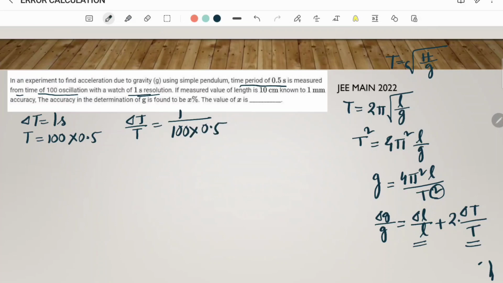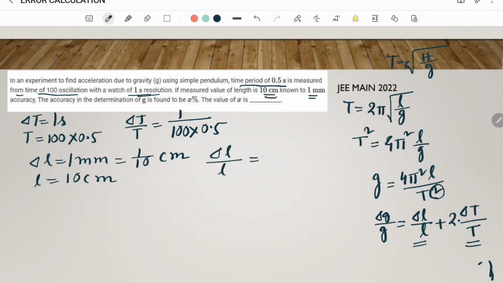Next, let us look for delta L. If measured value of length is 10 centimeter known to 1 millimeter accuracy, that means our delta L is 1 millimeter, which is 1/10 of a centimeter, and our L is 10 centimeter. So our delta L by L is 1 over 10 into 10, so 1 by 100.